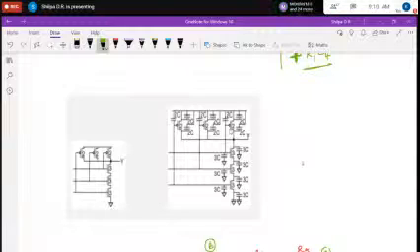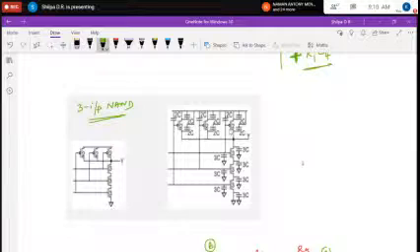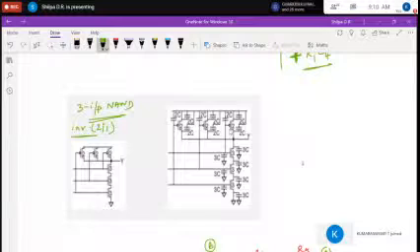The example is a 3-input NAND gate, and the size unit reference is a unit size inverter with the ratio W by L of P to W by L of N being 2 to 1. So with respect to this, they have sized it.